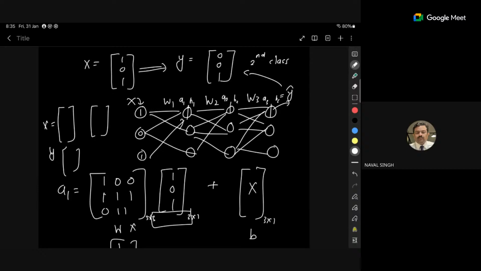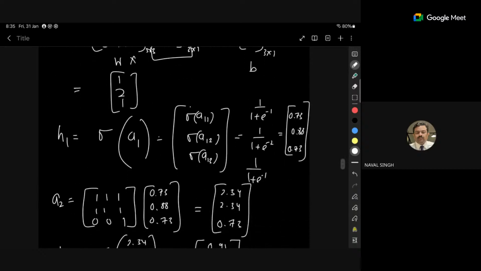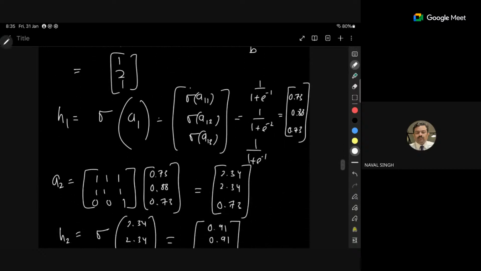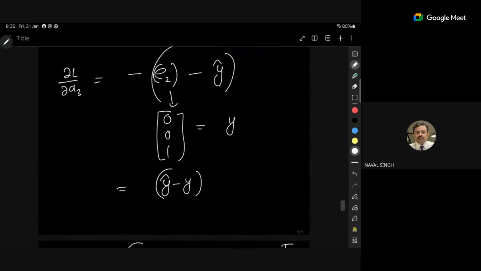So A3 has W3 and H2. So I go along H2. Okay, so there are two paths, or two kinds of values, coming here to A3: one is W3 and the other is H2. So I'll not go across this path, but this path. So that's what I'll do.